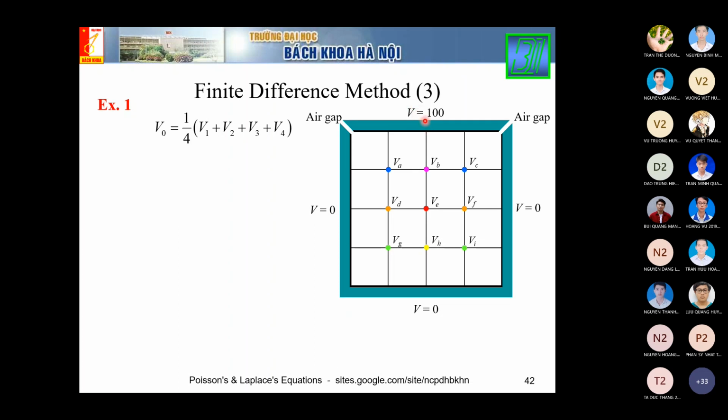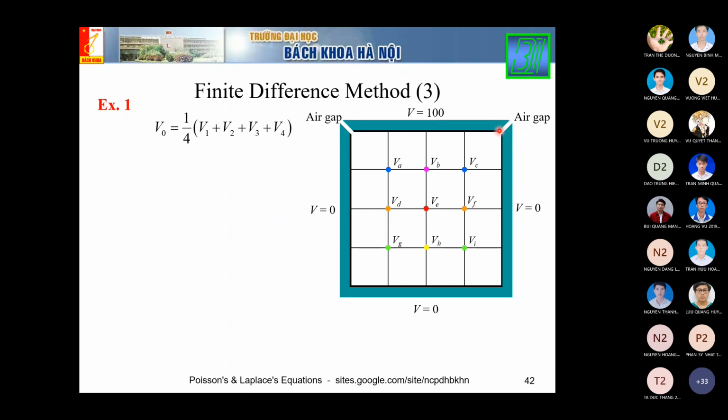The potential of the cover, the lid here, is 100 volts, and the potential of the U-shape here is 0 volts. Between the lid and the U-shape there is a very thin air gap. The air gap is to prevent the two conductors from being equal in potential.